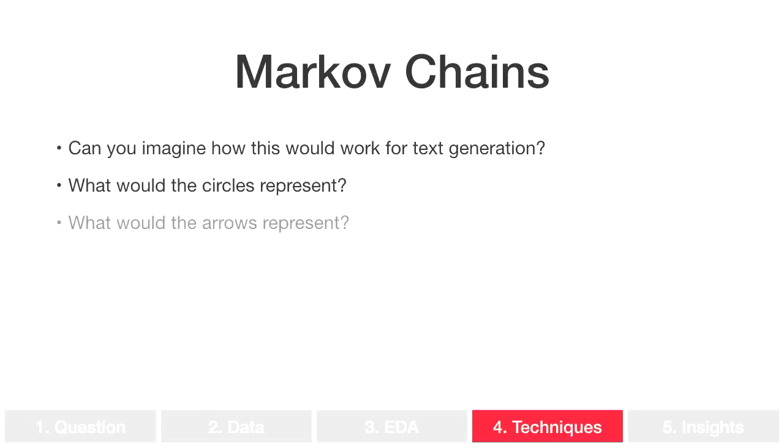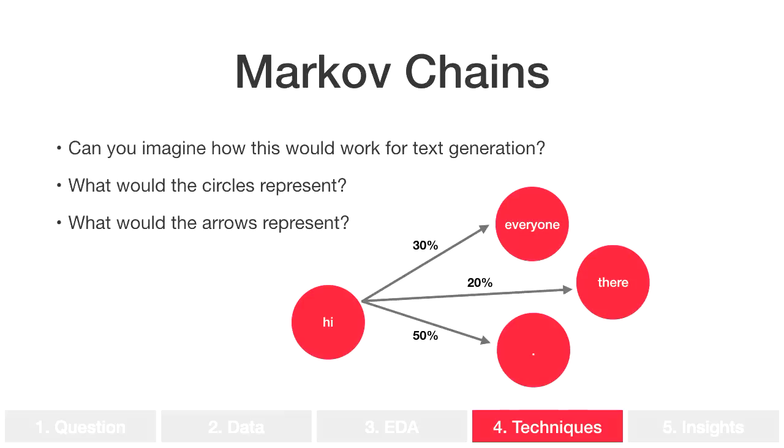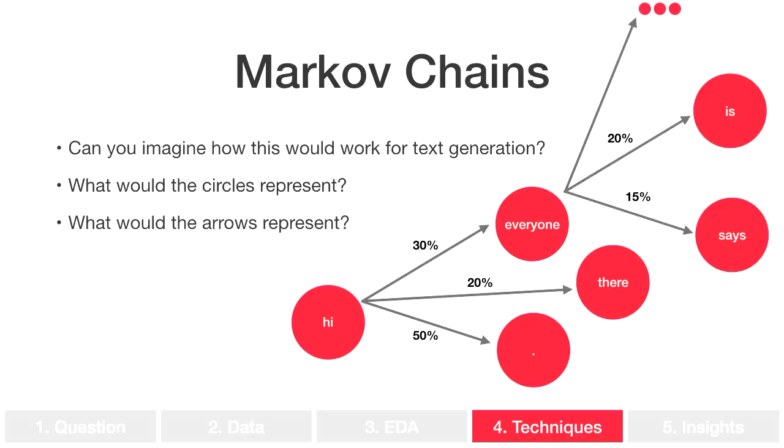With the text example, it takes every word as a state, and then it looks at the next word, and it says, how likely is this going to be the next word based on this word? And then for this word, how likely is this going to be the next word based on this word? And then you can see it can even wrap around. Like if this is a word, there's a 10% chance that this is going to be the next word. So the idea of Markov chains is the next state is only based on the current state.